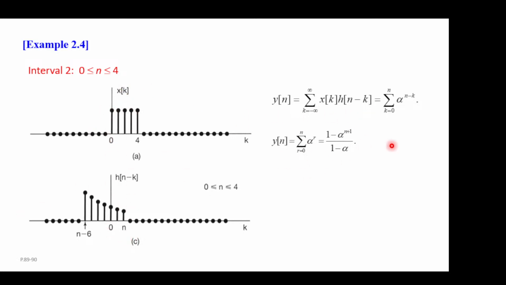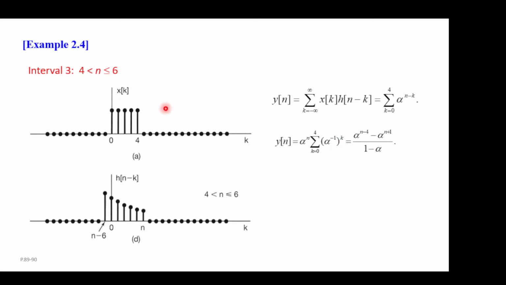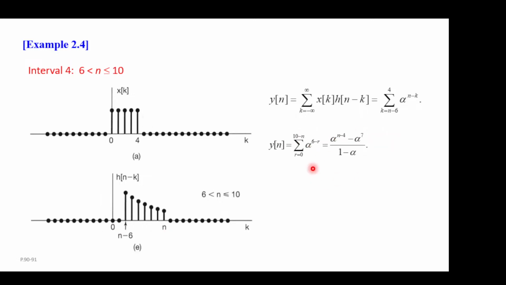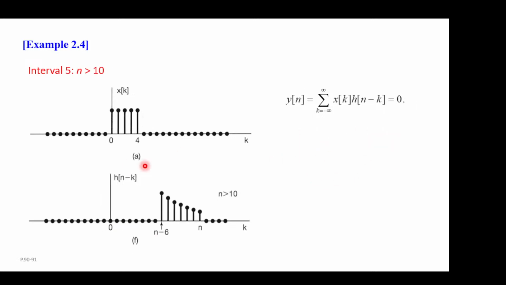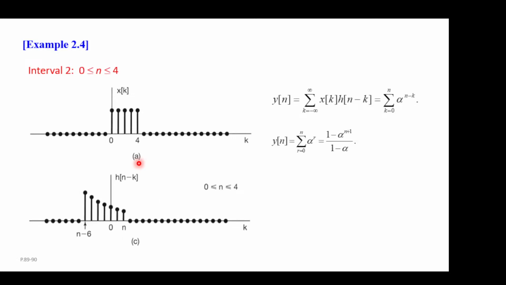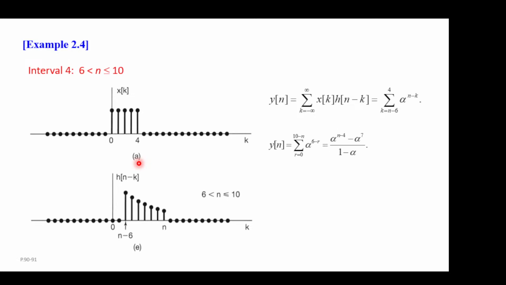Then you do a summation, most of the time it's going to be a geometric series because they are easier to sum. And then there's a different region, from 4 to 6, where we see there's overlap here, then you do the geometric series, and so on. Okay. So this is how you analyze y of n for different n.